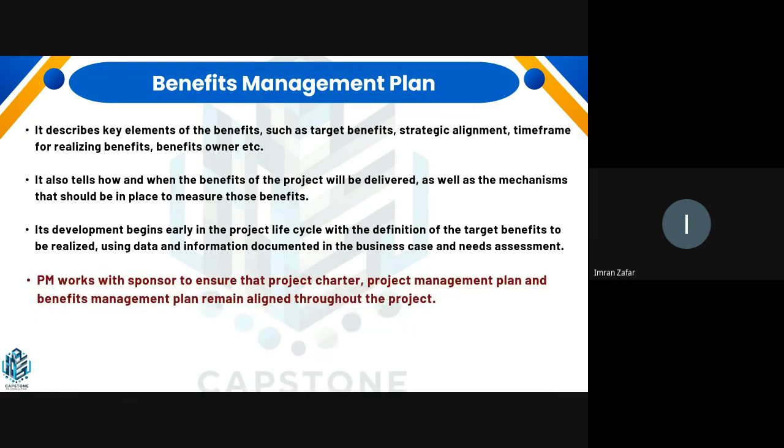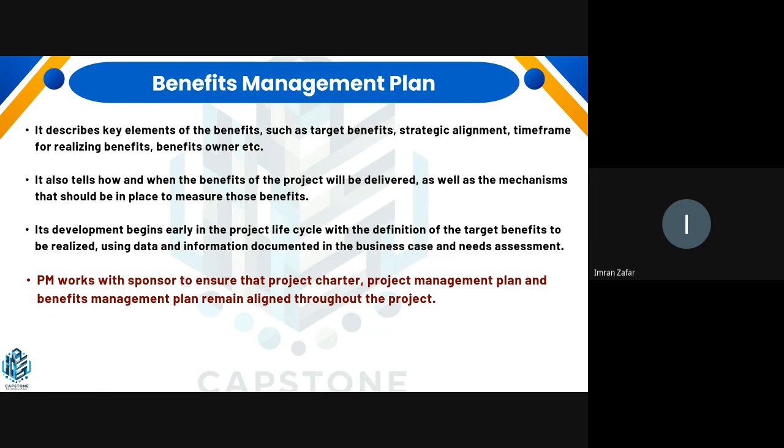So as a project manager, your responsibility is to make sure that throughout the project life cycle, you work closely with your sponsor or your main stakeholder who is giving you the resources for the project, so that whatever you are doing during the course of the project remains aligned with your project charter and your benefits management plan.